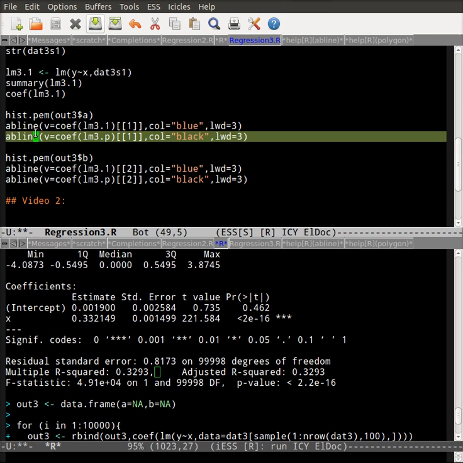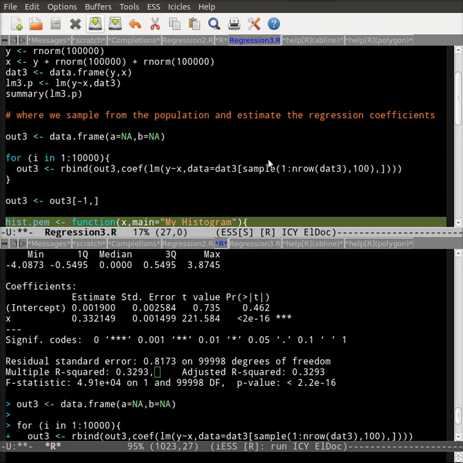Now what I've done here is I've sampled 100 observations, that's here, 10,000 times from my population of 100,000. So I have 10,000 resampled intercepts and slopes from these simple bivariate regressions, and each one of these is produced by a sample of 100.